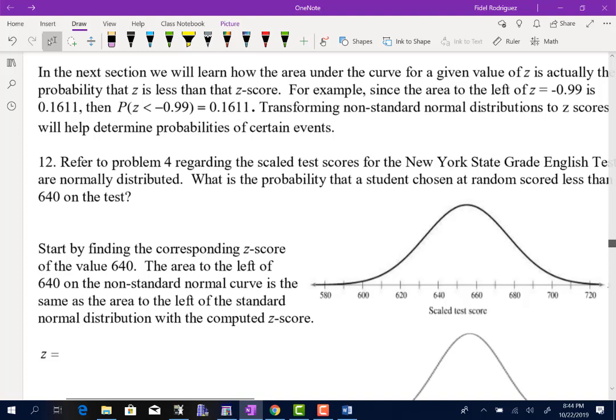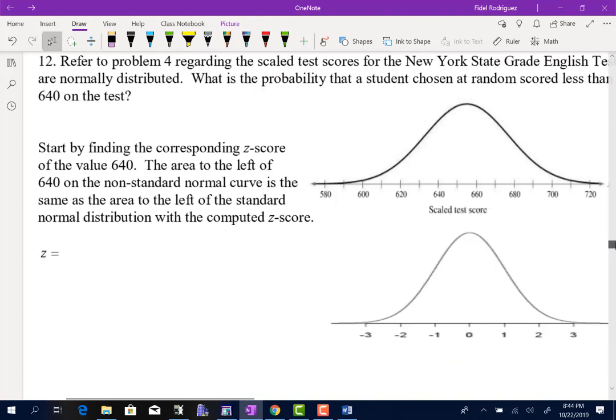So this type of curve is like the first one. Okay, so look what we got here. It says, so in the first problem, guys, we said that our mu was 655 and our standard deviation was the number 25, right? Okay, so it says, what's the probability that a student chosen at random scored less than a 640?